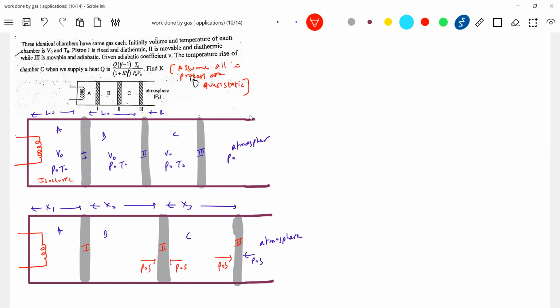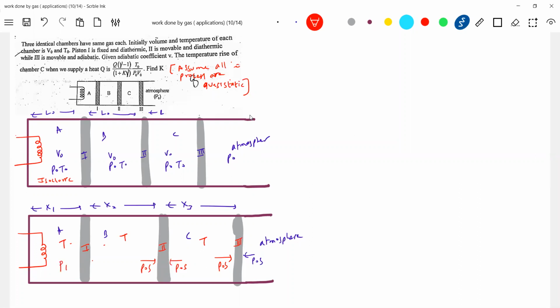And look at what is being told: these two are conducting, piston one is conducting and fixed. So what do you expect the final temperature to be? Should be the same. And the two is also conducting, so the temperature should be the same. So here the pressures will be different, no doubt.